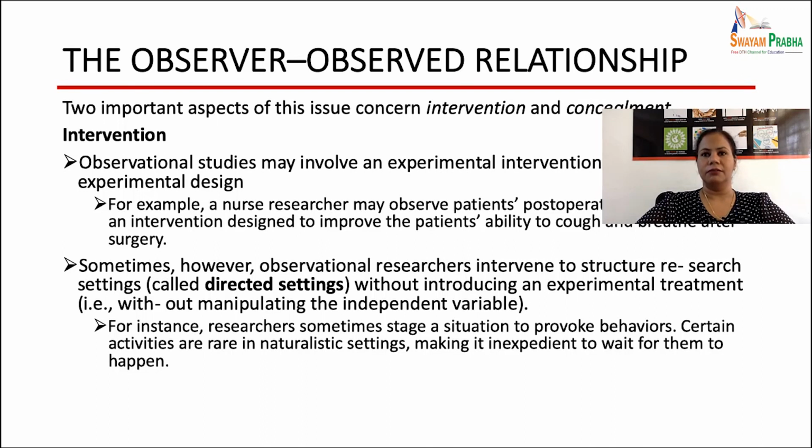If you want to assess the bystanders' intervention in case of sexual harassment, that may not happen in front of you. It will be very difficult to wait for it to happen and then assess how the bystanders behave. So in that case, you may stage a situation of sexual harassment, and then you can see what type of behavior the bystanders will show.